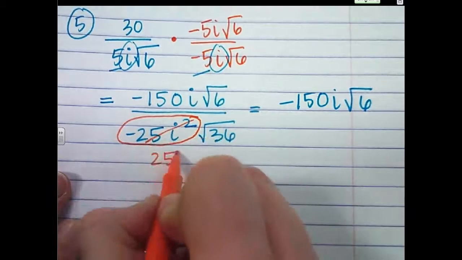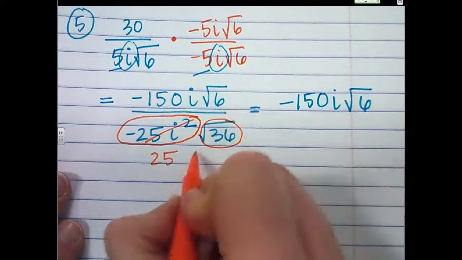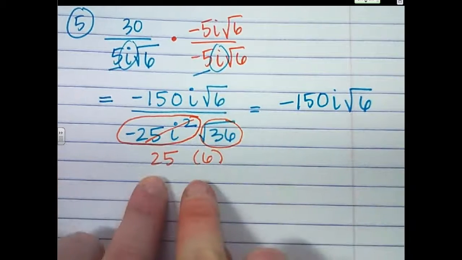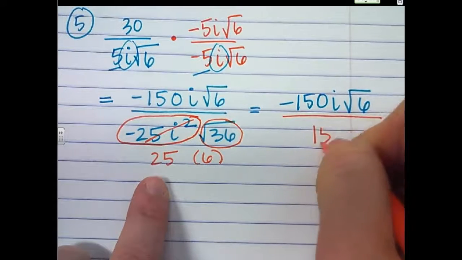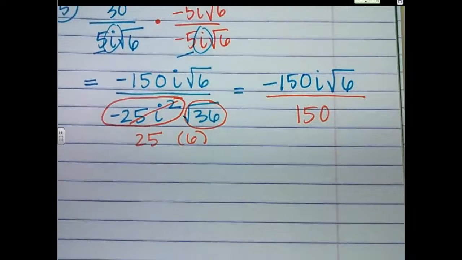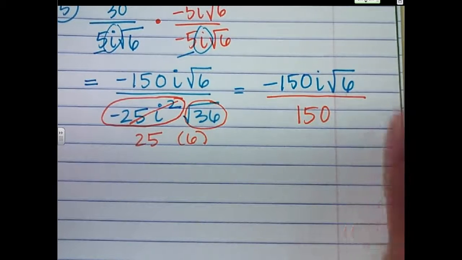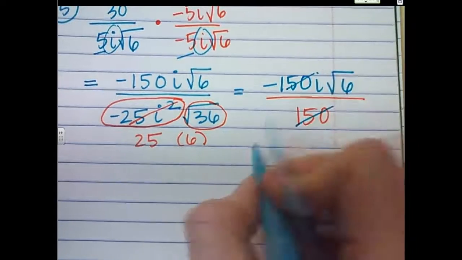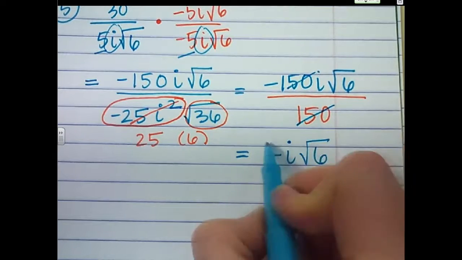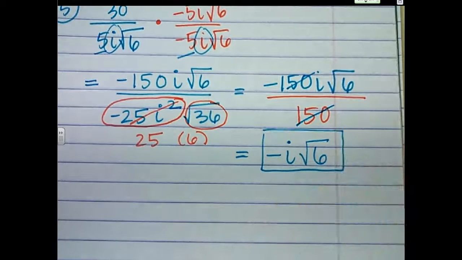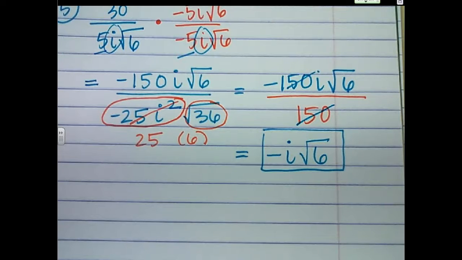Positive 25. And what's the square root of 36? 6. So this is 25 times 6, which is 150. So the 150s cancel. Don't lose your negative there. It's negative i square root 6 is your answer. It's just you'll go too fast and you'll miss something.